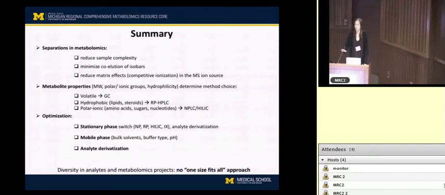And I realize how that can be very difficult in untargeted metabolomics, where you're trying to get as much as you possibly can. As far as optimization is concerned, we can address stationary phase by careful choice. We can address the mobile phase by changing organic modifier, buffer content, buffer type. And we can also address the analyte itself by performing some kind of derivatization.